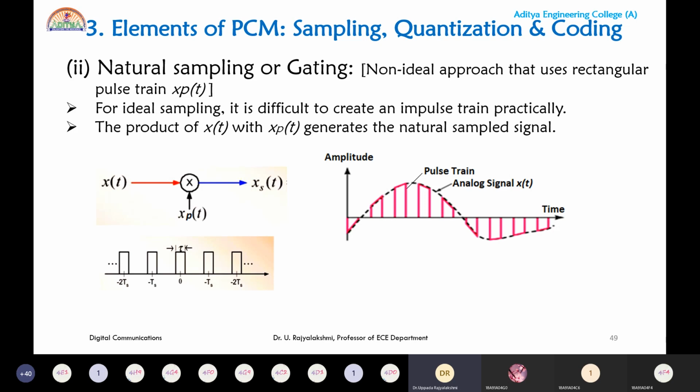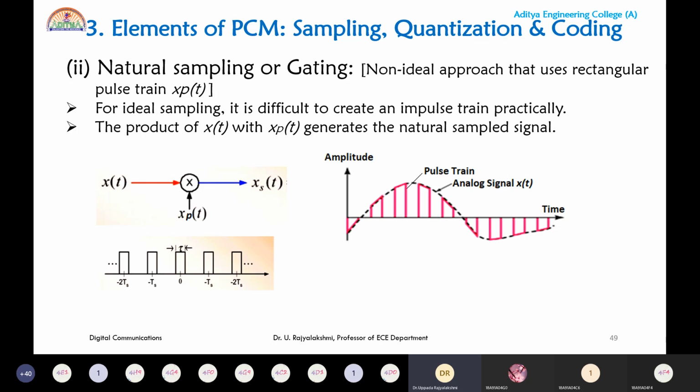Practically it is very difficult to generate impulses, so natural sampling is used. Instead of impulses, a series of pulses is generated, that is xp of t. Here x delta of t is a series of impulses, xp of t is a series of pulse train, and the principle is the same.